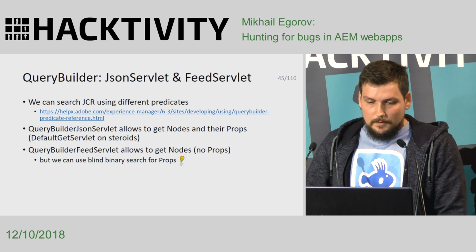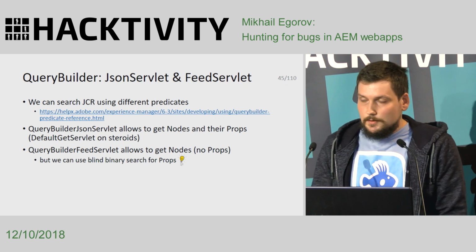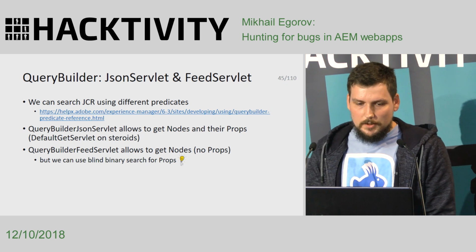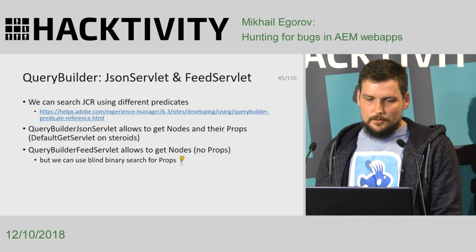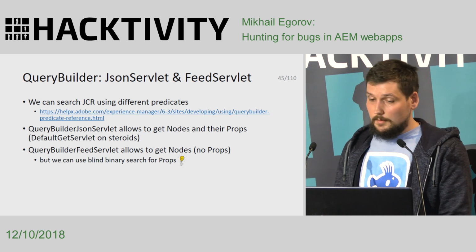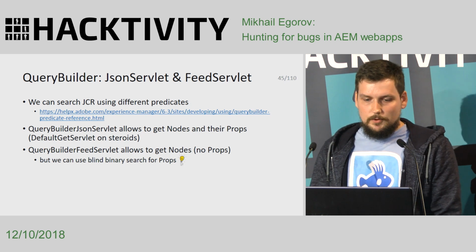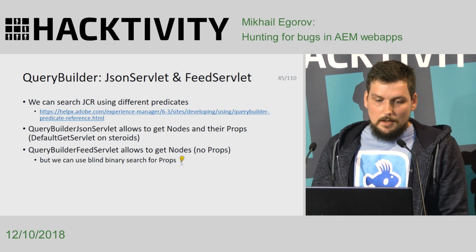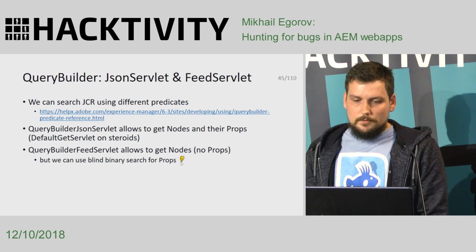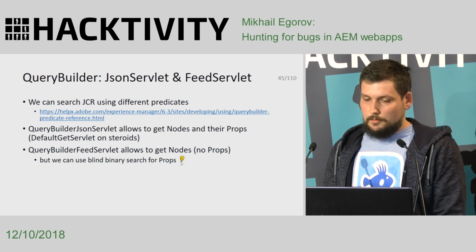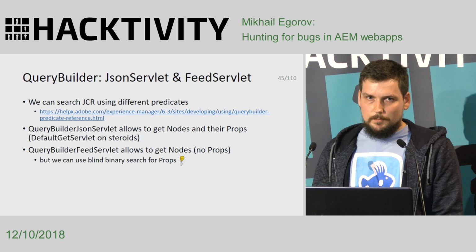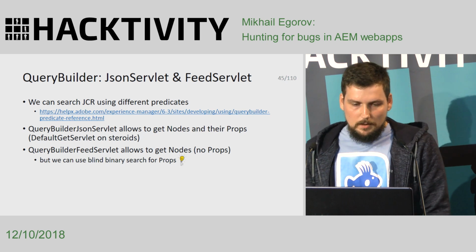The second and third servlets that are suitable for JCR exploration are the Query Builder JSON Servlet and the Query Builder Feed Servlet. They support various predicates for searching. That's very convenient. The Query Builder JSON Servlet returns information about JCR nodes and all their properties.